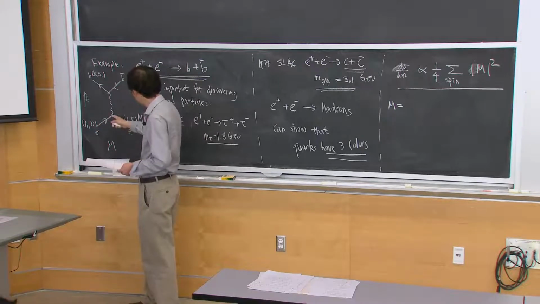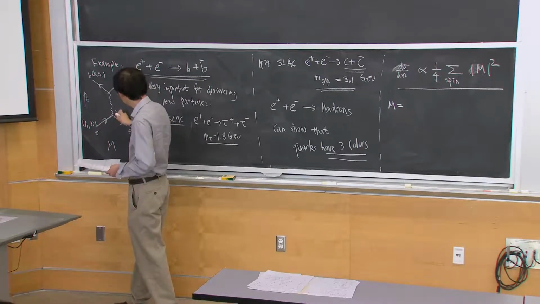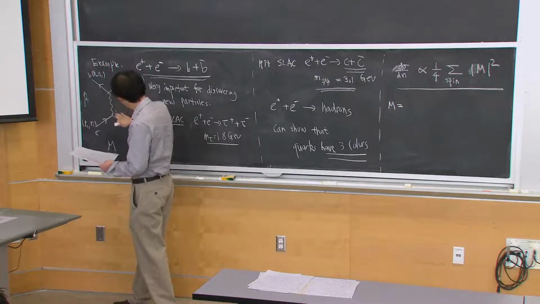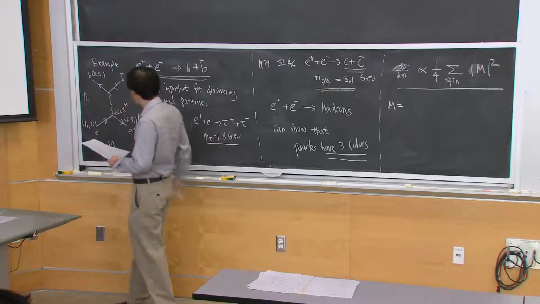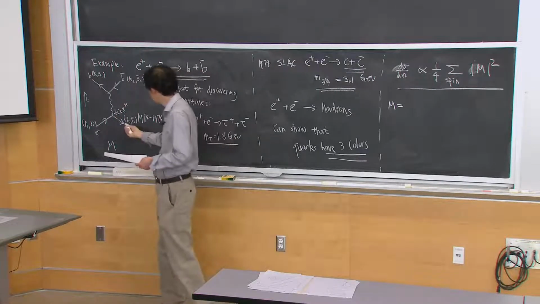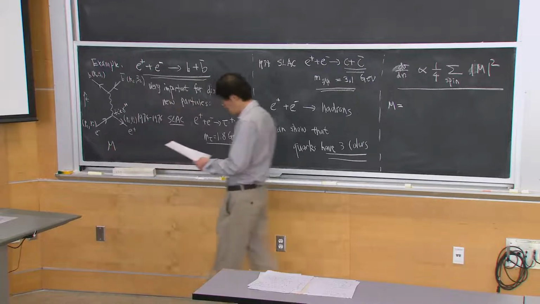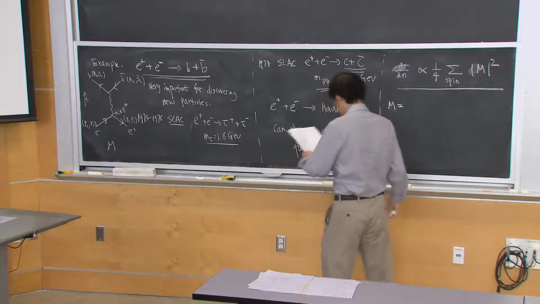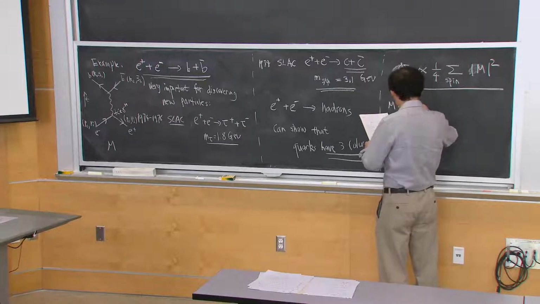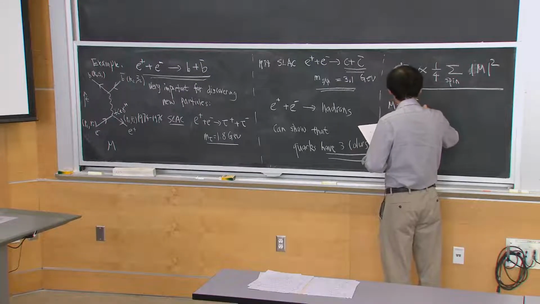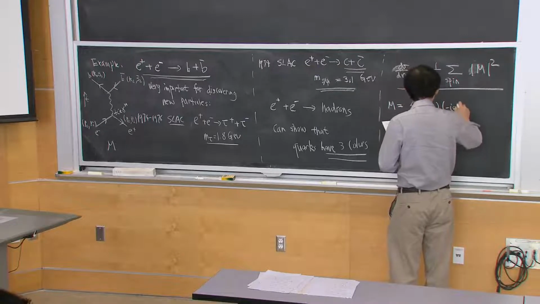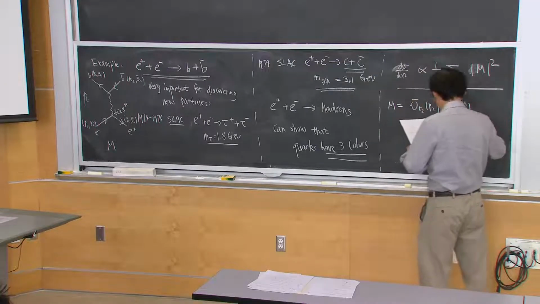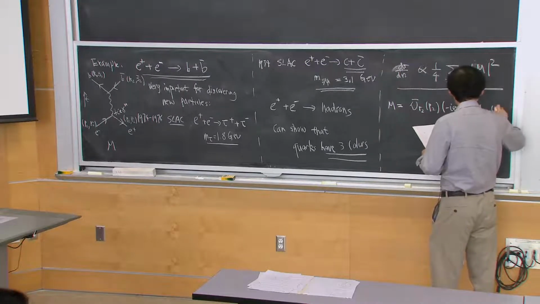Here there's a vertex with a gamma, and each vertex gives you minus i e gamma mu. Following this line, we get v bar r2 p2, then minus i e gamma mu, and u r1 p1.